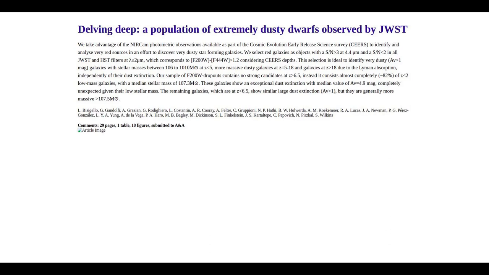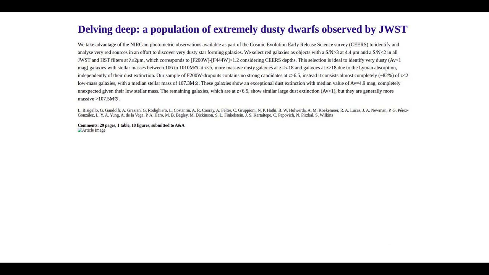We select red galaxies as objects with a S/N greater than 3 at 4.4 μm and a S/N less than 2 in all JWST and HST filters at λ ≤ 2 μm, which corresponds to F200W - F444W greater than 1.2, considering survey depths.